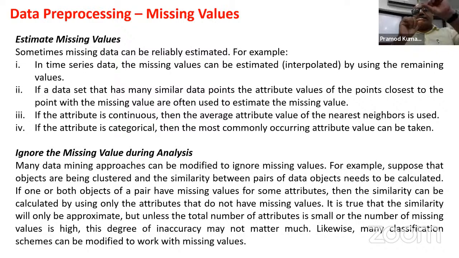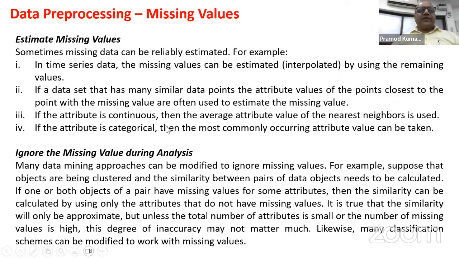So for that attribute, take these 10 values, take the average and fill it here. You can treat this average as the missing value because they are very close to each other, all other attribute values are similar, so obviously this attribute value also must be similar. So you can fill the value in this way.